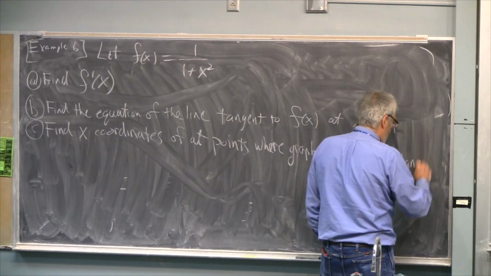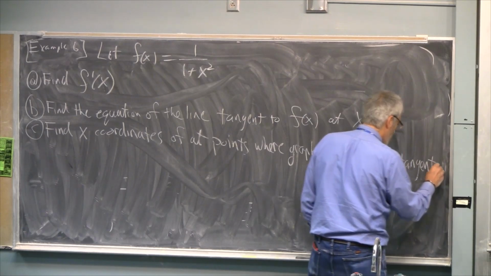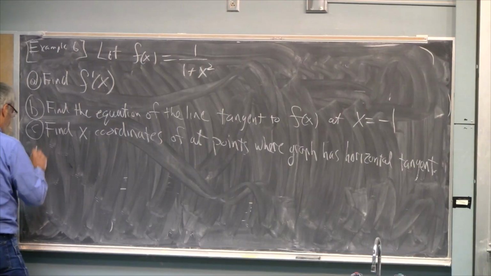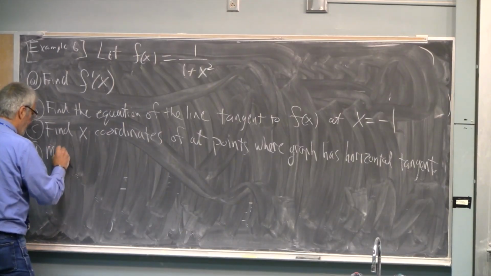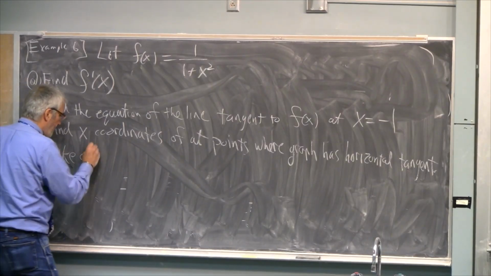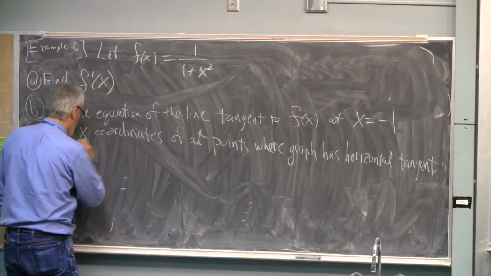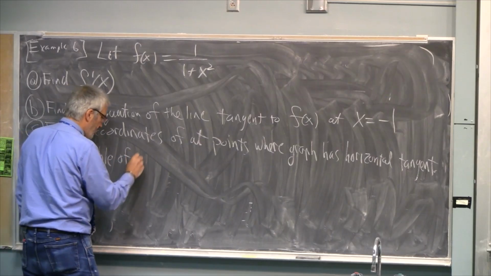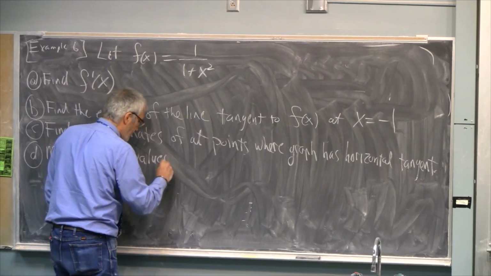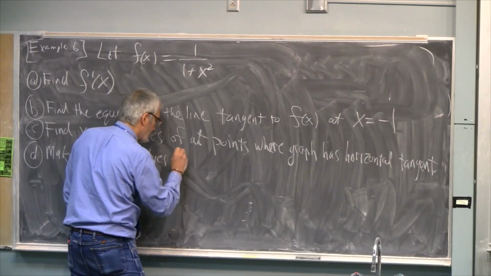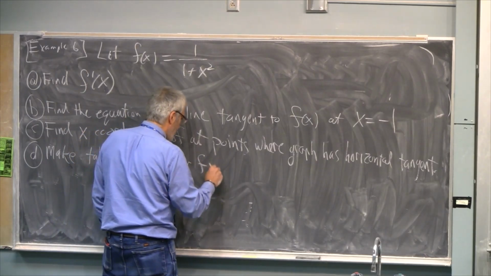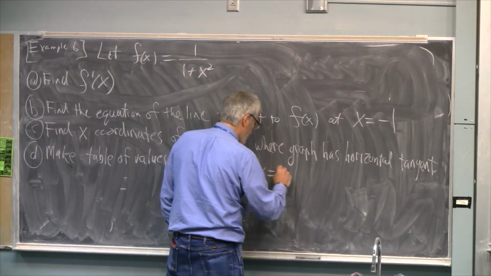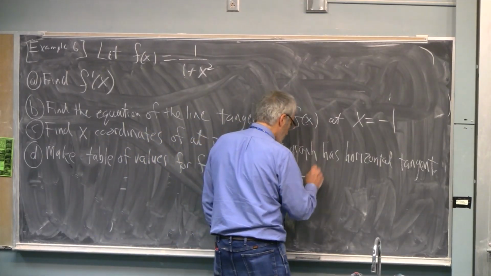The derivative of sine is just cosine. The derivative of cosine is negative sine.